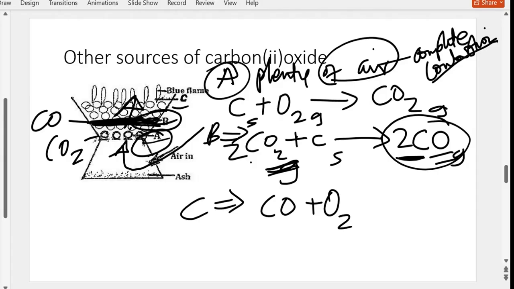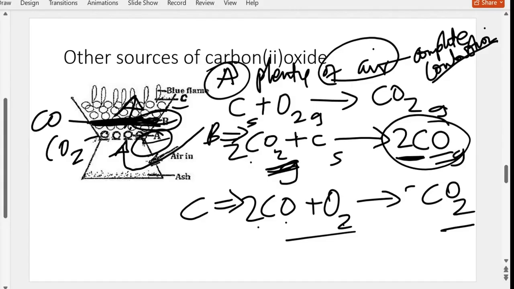At that point, we have enough oxygen burning to give us CO2. So how do we balance it? We have oxygen here, there are 3, here we have 2, so we can add 2 there. So that will be 4, here we have 2 and 2 there. So this is gas also, this is gas.